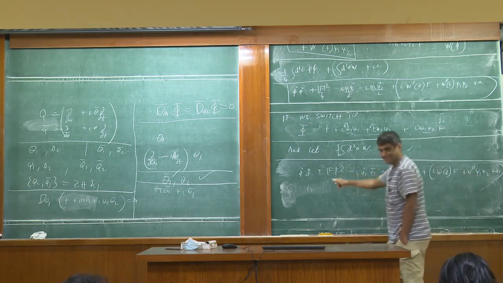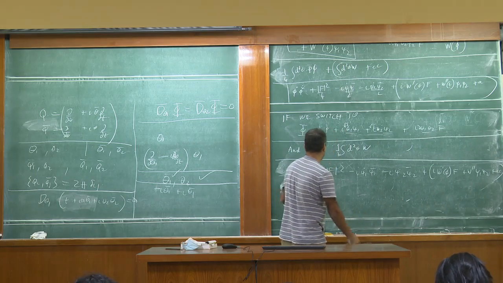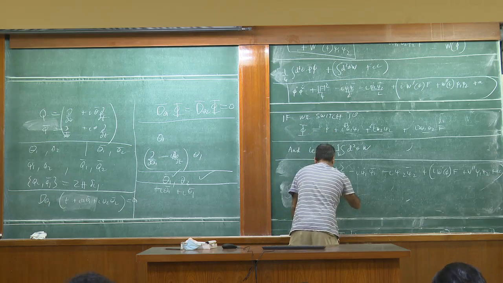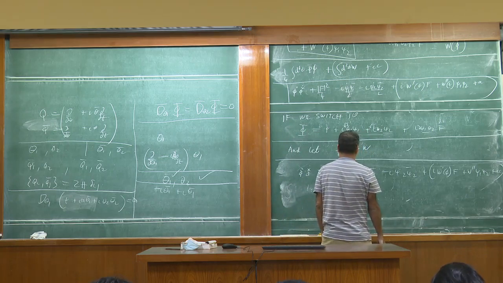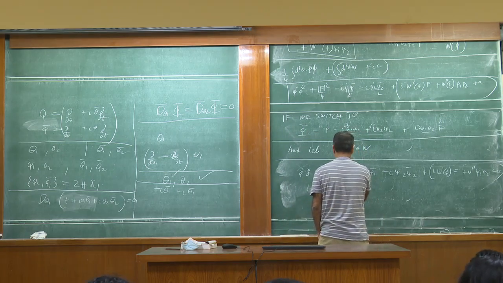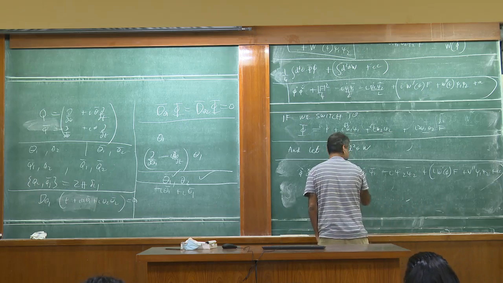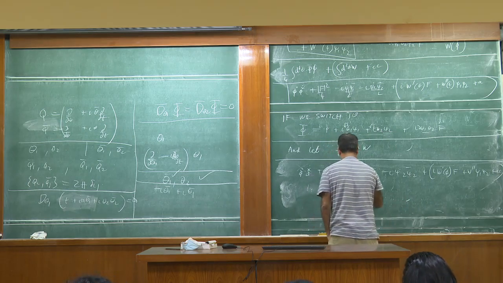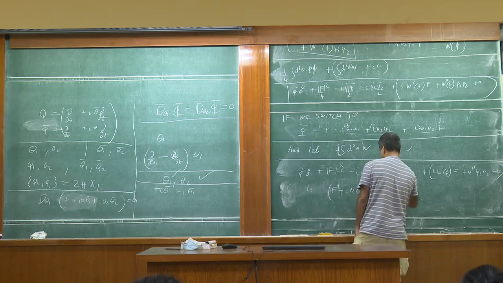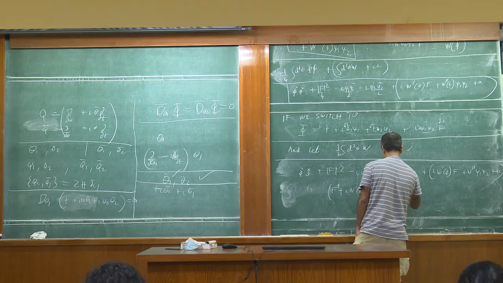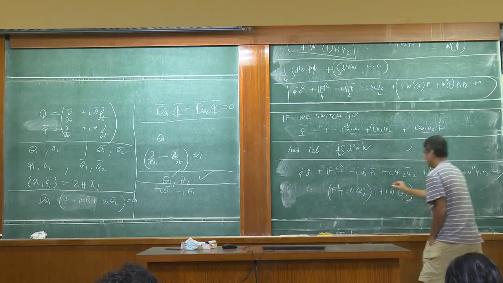And so now when we complete the square, if we had completed the square, we would have made this f plus i W prime f star plus W prime, i W f times f plus i W star prime f. Right? This is what we would have done.